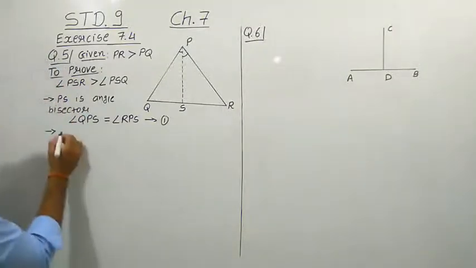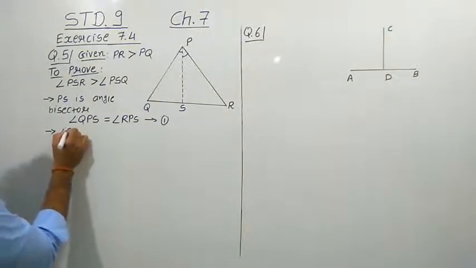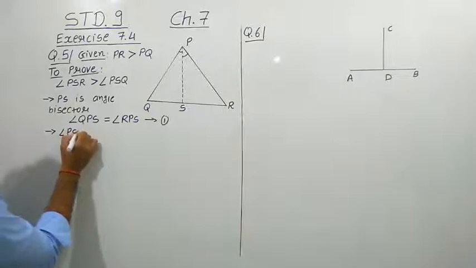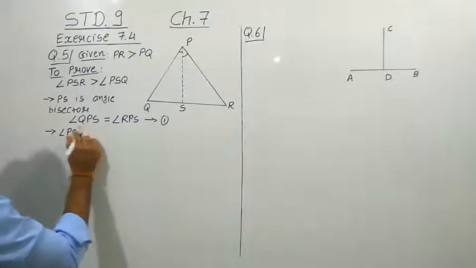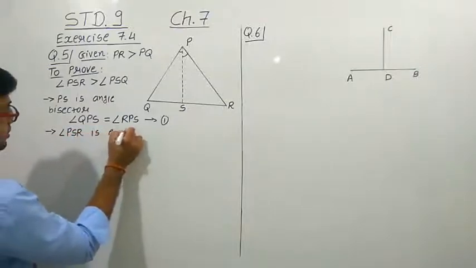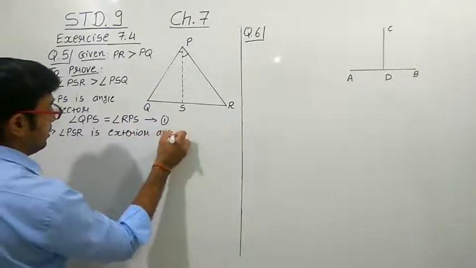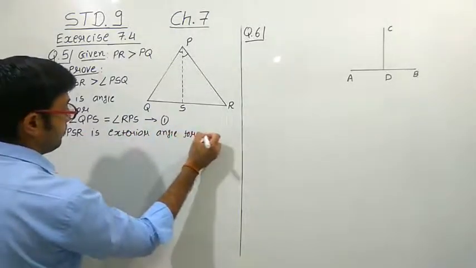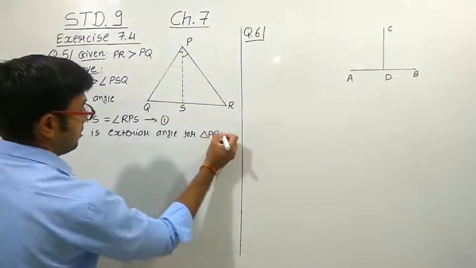So angle PSR is the exterior angle for triangle PQS, right?